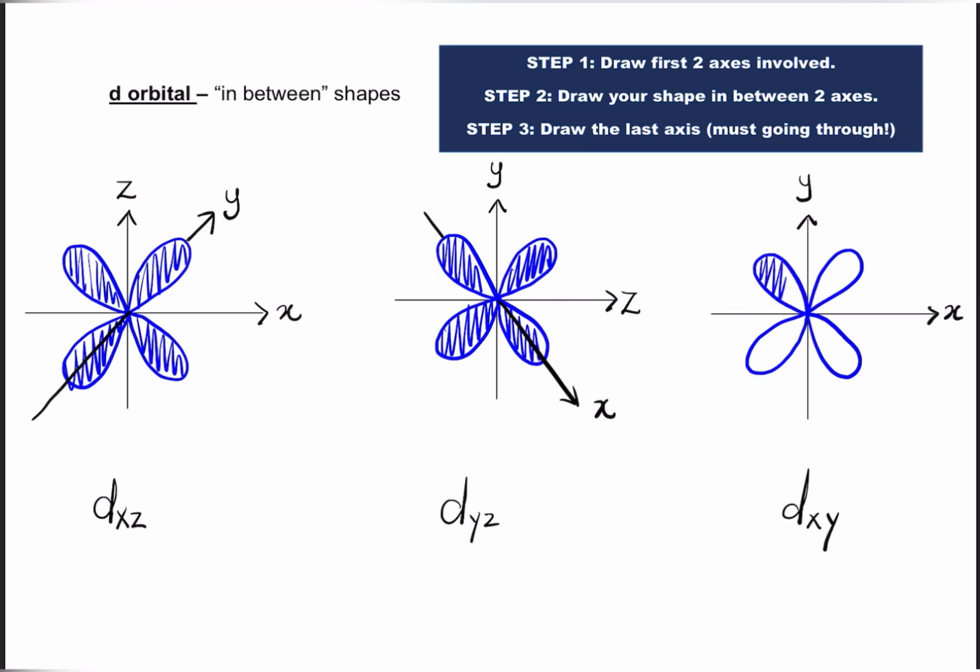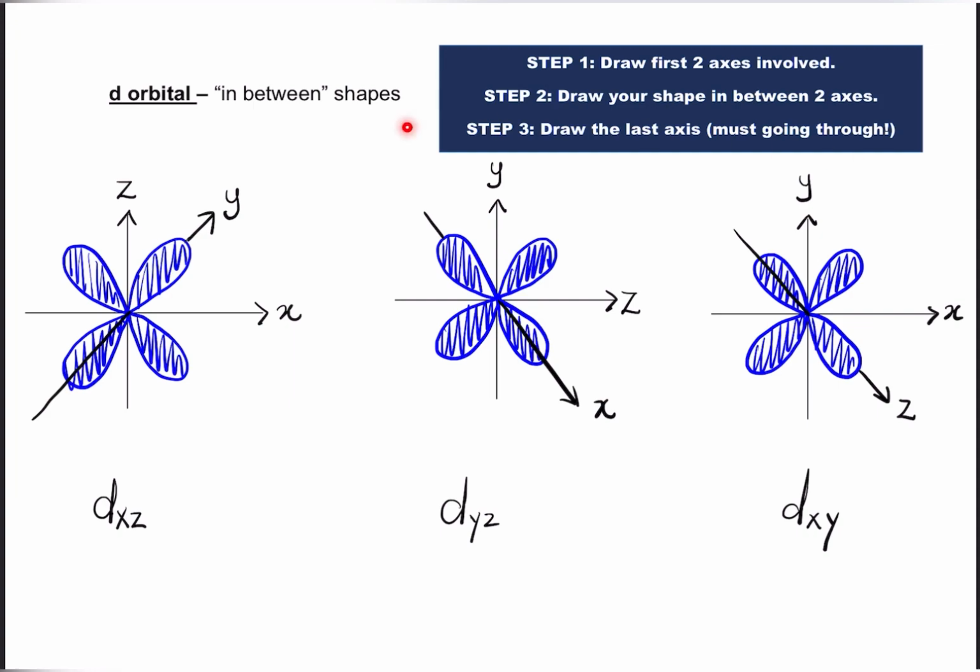Don't forget to shade. And after that, we are going to show the last axis. Dalam case ini adalah z-axis. So I'm going to show you coming through and then go behind the loop. So this is z-axis.